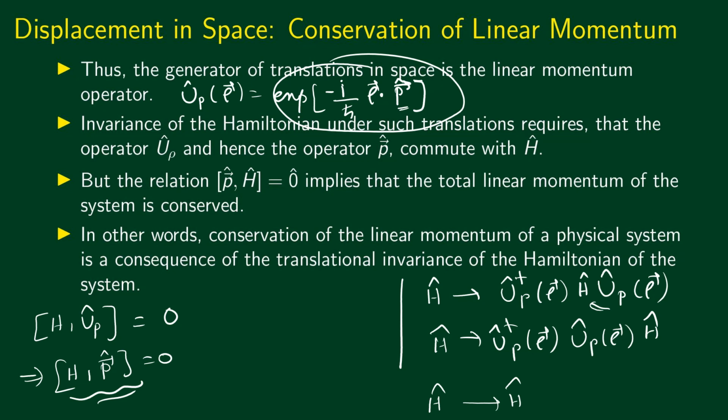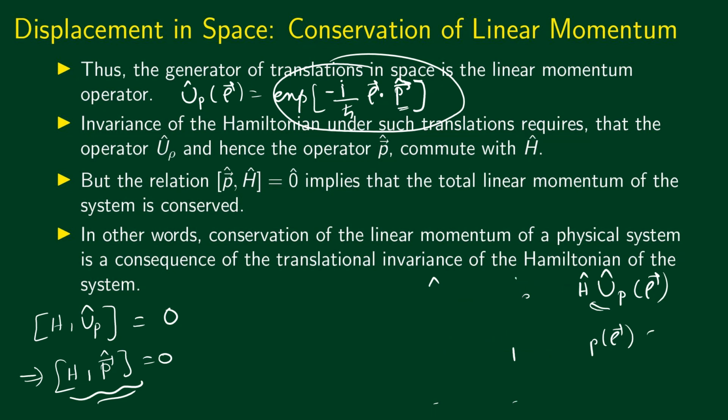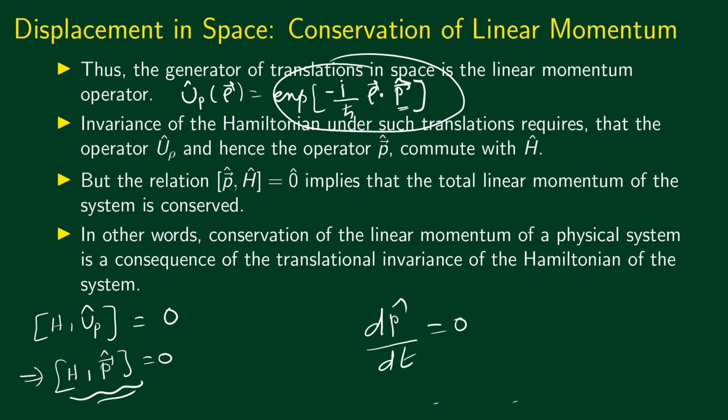But again, from the Heisenberg equation of motion, we know that if the Hamiltonian commutes with the momentum operator, then dP/dt is equal to 0. The time derivative of any operator can be written as in the Heisenberg equation of motion.